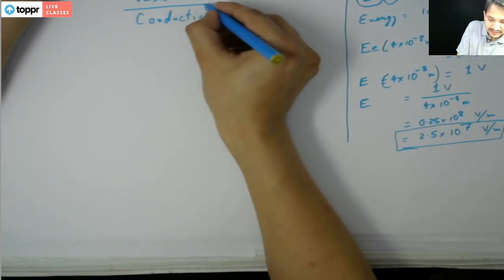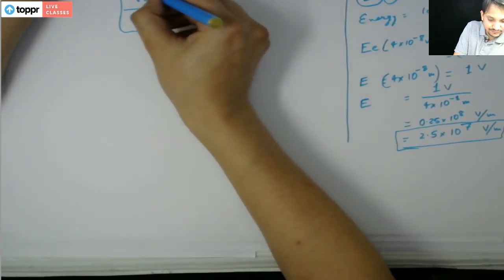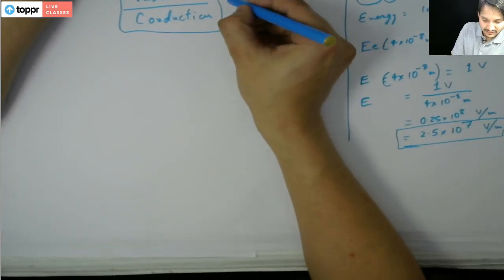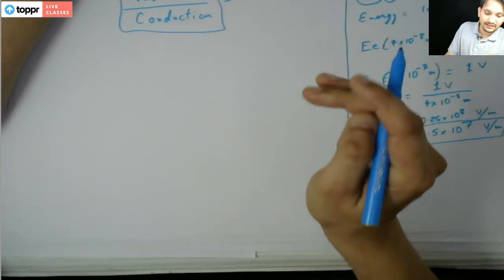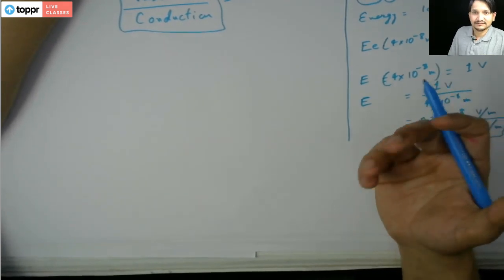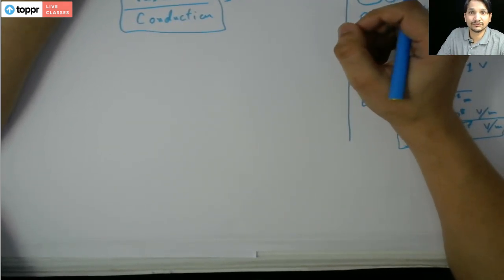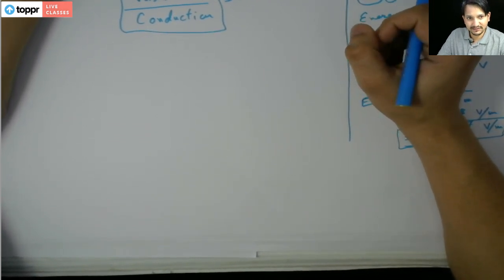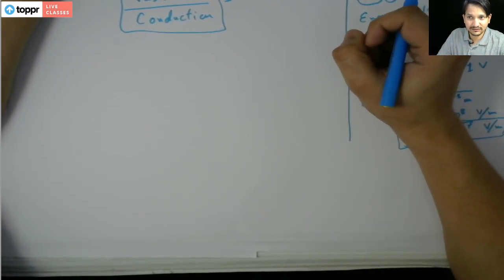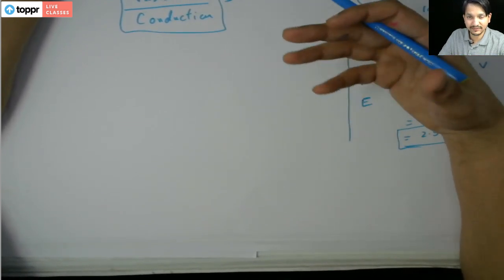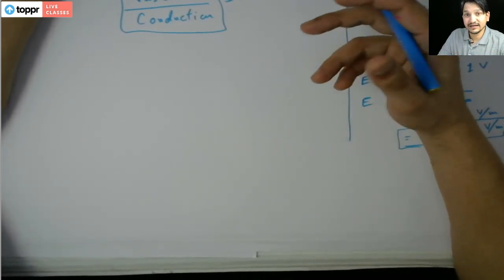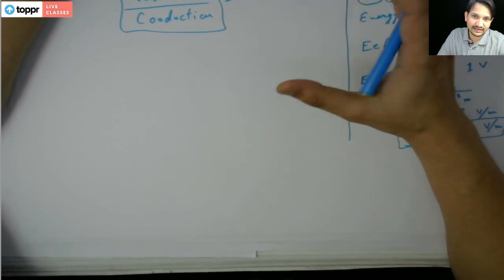So what is a band? Band is obviously a group, right? When you talk about a music band, there are certain people who are clubbing together to create or play music, so that is a music band.